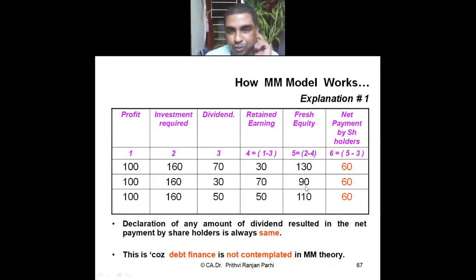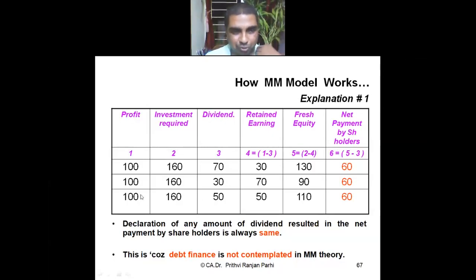How much should be the fresh equity? 90 rupees. Are you understanding? So 90 I am collecting, 30 I am giving as dividend. So effectively, how much am I collecting? 90 minus 30, if I net it off, 60. Okay, second situation is 60.